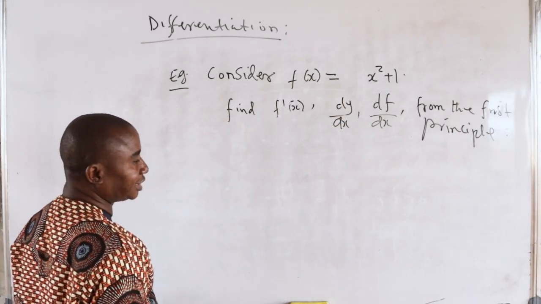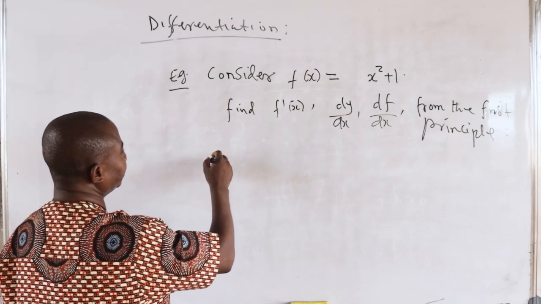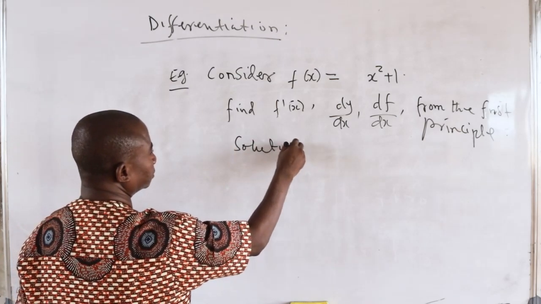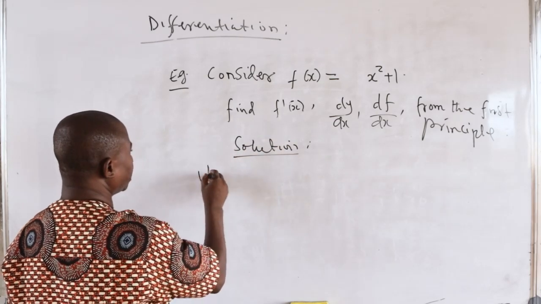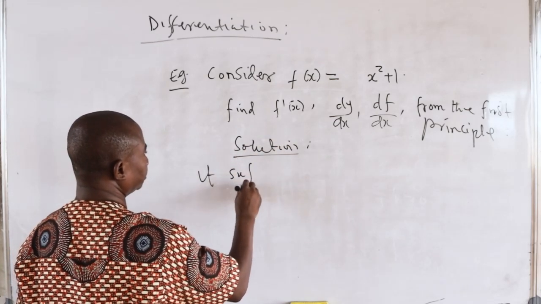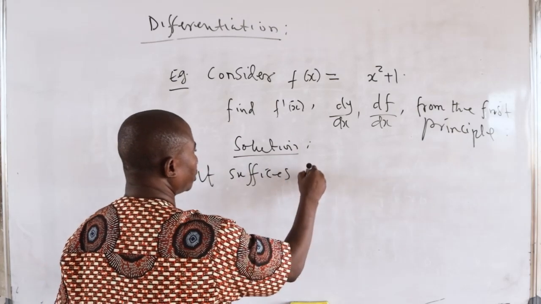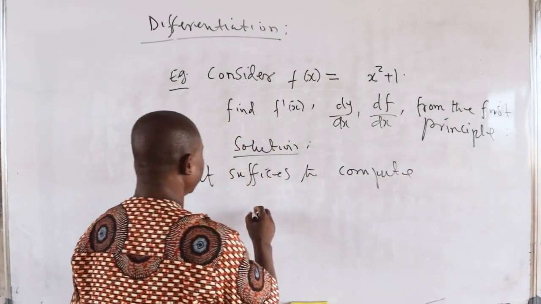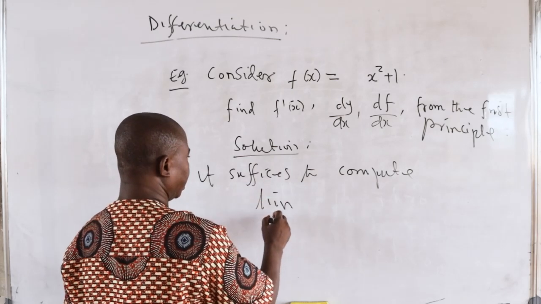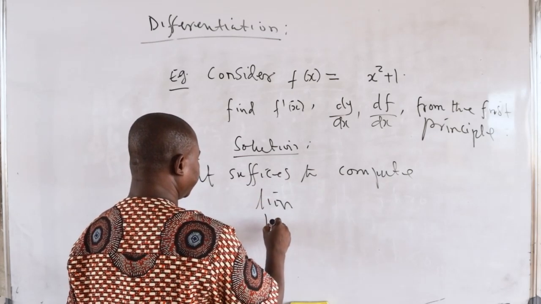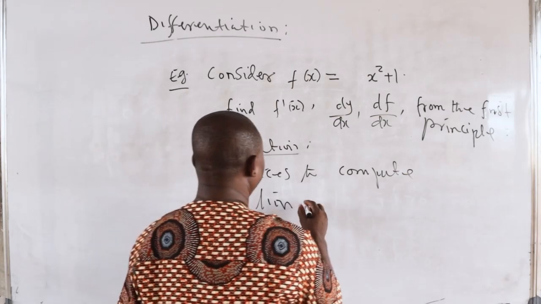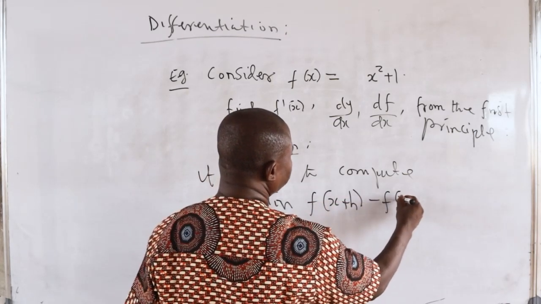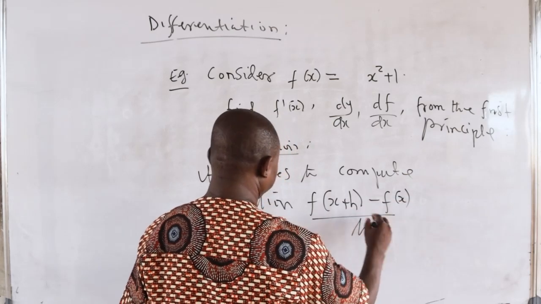And then what is the first principle we're looking at? We are simply saying it is enough to compute the limit as h tends to 0 of f of x plus h minus f of x divided by h.